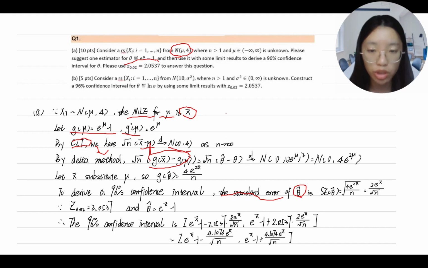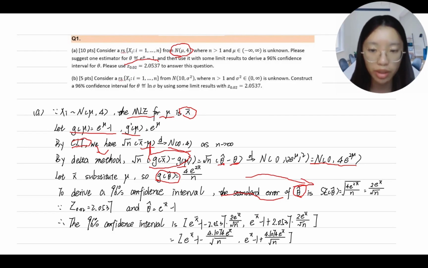So g x bar is equal to theta bar, and g mu is equal to theta. And then they limit to the normal distribution like this. This is the result, so we can get the expression of g mu bar, and then we can get the standard error.